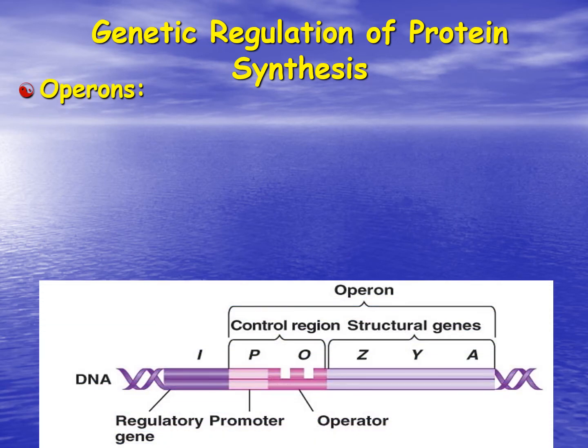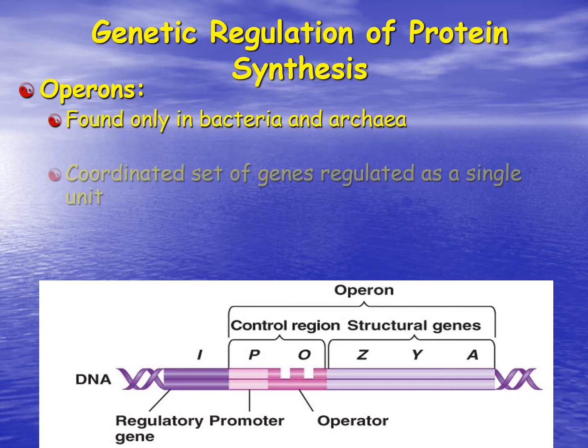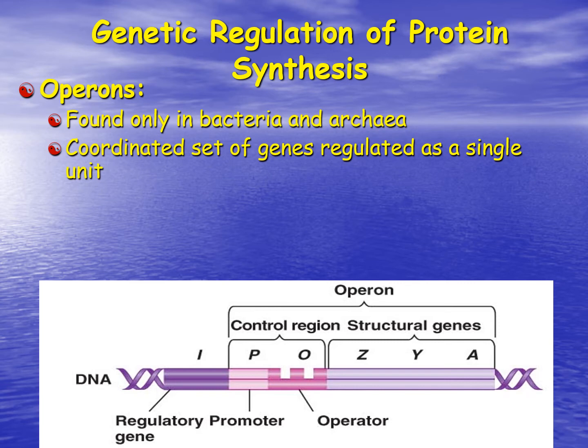Now, in prokaryotic cells, they can contain something known as an operon. And an operon is a coordinated set of genes regulated as a single unit.